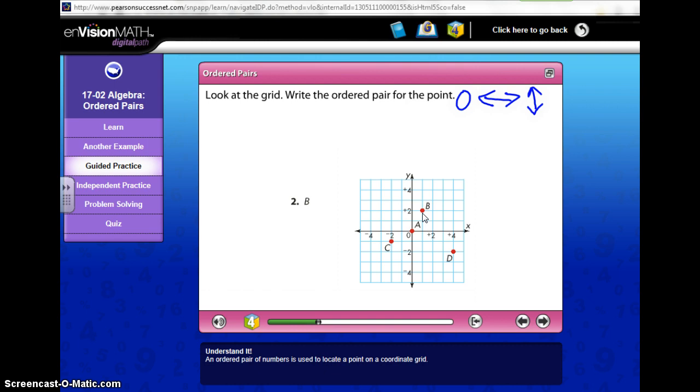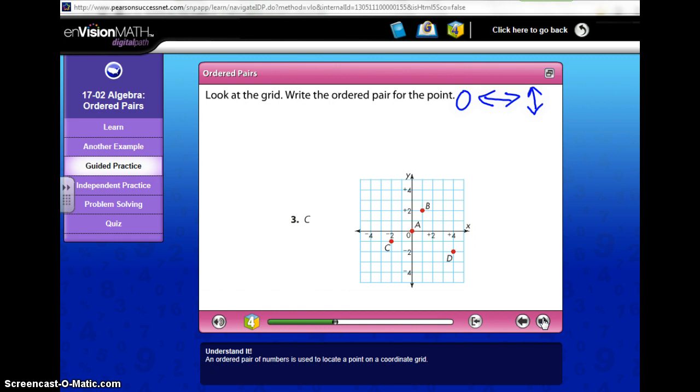When you have the answer and it's in parentheses, listen for my password, caterpillar. Your answer should be (+1, +2). If you didn't put the positive, that's fine. It's optional. (1, 2) or (+1, +2). Good work.